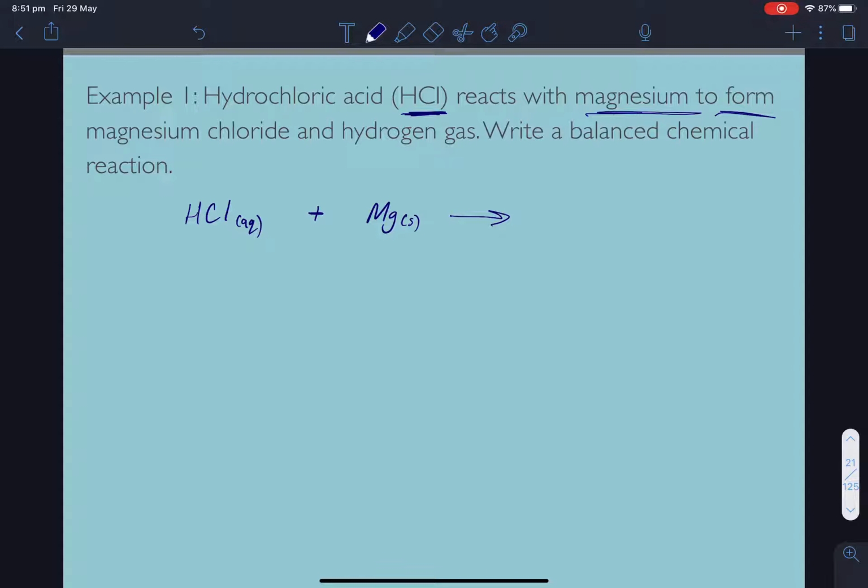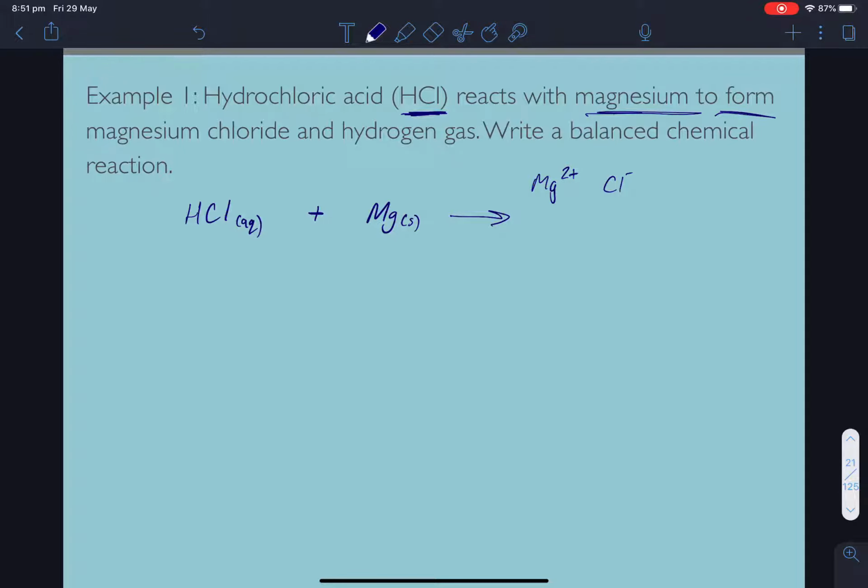Magnesium chloride is an ionic compound. Magnesium's on the left-hand side in group 2. Chloride is over with the halogens on the right. We've got an ionic compound, so we've got these two ions. Magnesium forms an ion of 2 positive, as it's in group 2. It will always form an ion by losing 2 electrons and forming a 2+ charge. Chlorine will form chloride by gaining 1 electron.